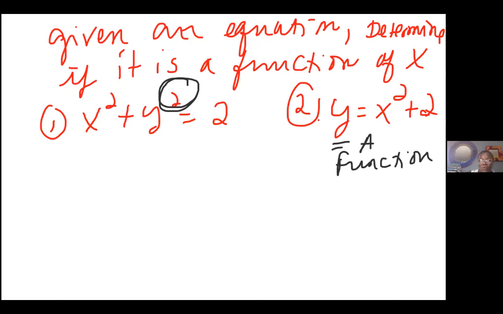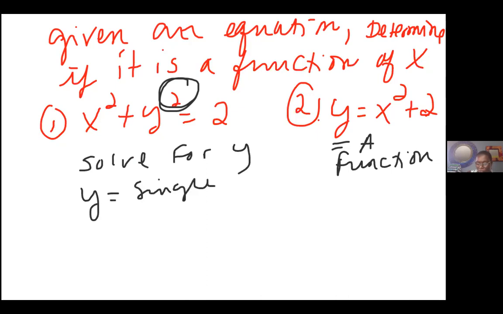Here's how we show this, guys. You want to go ahead and solve for y. Solve for the y, isolate y, get the y by itself, okay? If y is equal to a single solution, it's a function, guys. Like number 2 here, y is already solved for.